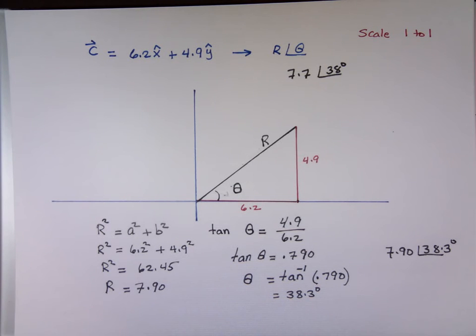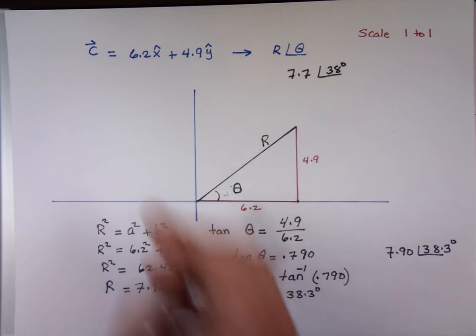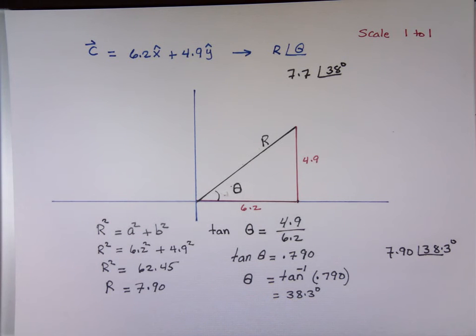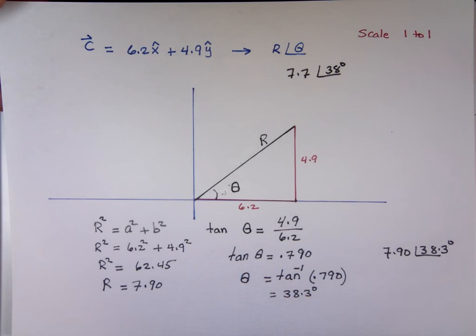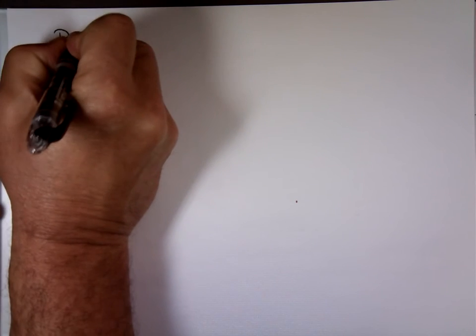Now, where this might be a problem, just a little problem with the calculator, if you're in the second or the third quadrant. So let's take one in the third quadrant and show you what I mean by that. If you're in the third quadrant, that means what?